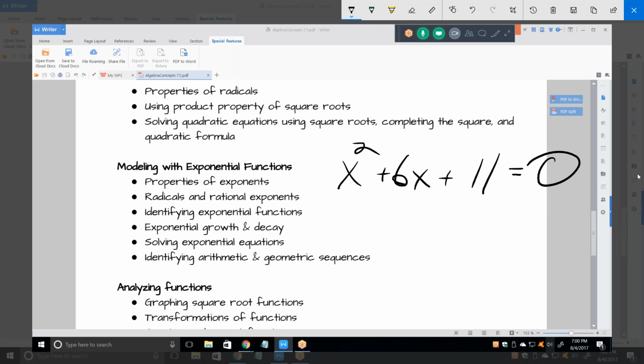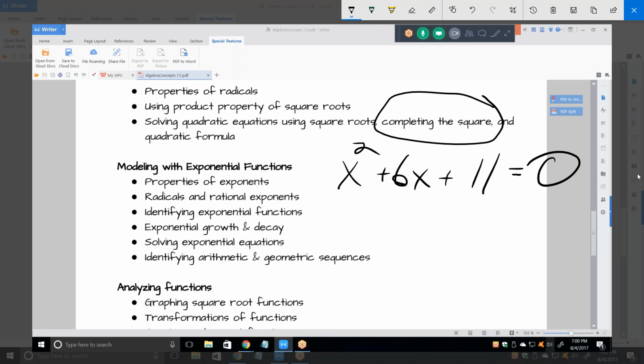But there is another way to solve this, and that's completing the square. Completing the square is actually used in a number of different things. It's when you have a quadratic in standard format and you want to put it in vertex format. Completing the square is beautiful. Or if you're dealing with conic sections, completing the square is very, very common.